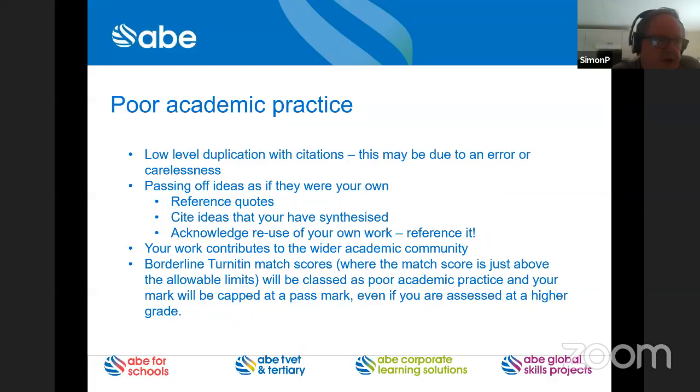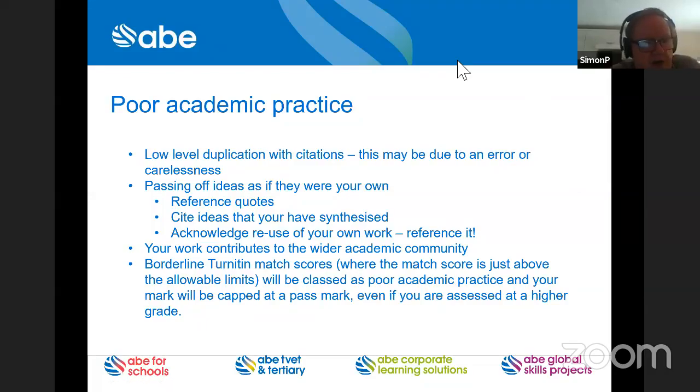Unfortunately, if you have, as I said earlier, taken whole-scale blocks of text from particular internet sources, many of which incidentally are actually designed precisely for this purpose, without either A, attribution, or B, changing very much of it, you will get what they call a very high match score percentage.